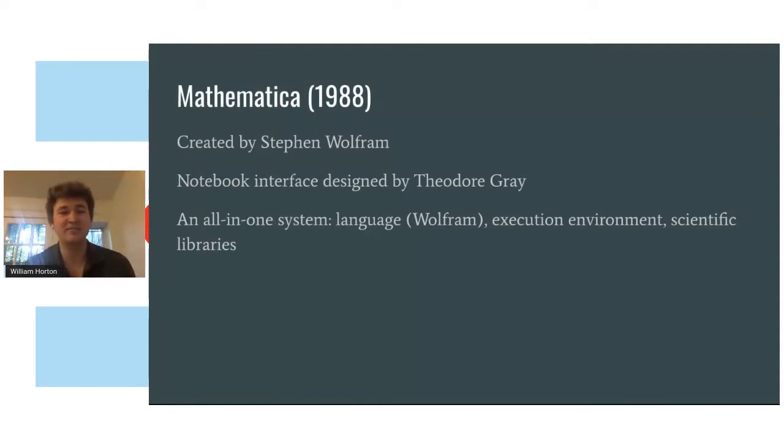Mathematica is kind of an all-in-one system. It has a language, which is called Wolfram, funny enough, an execution environment, a lot of scientific and numerical libraries packaged into this system. And also, important for our story, a notebook interface, which was designed by this man, Theodore Gray.